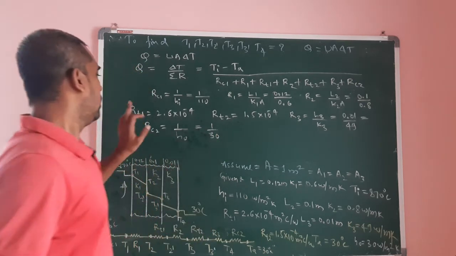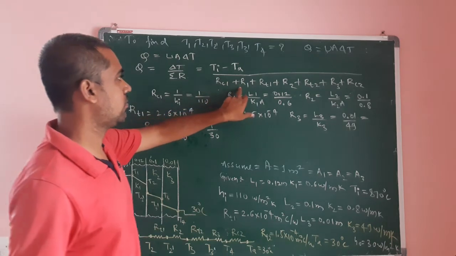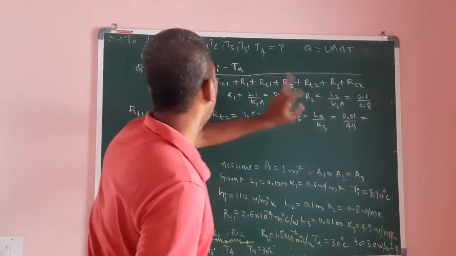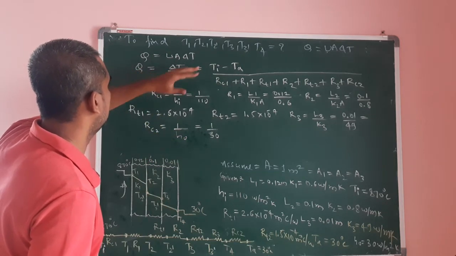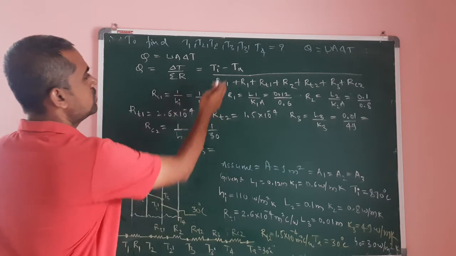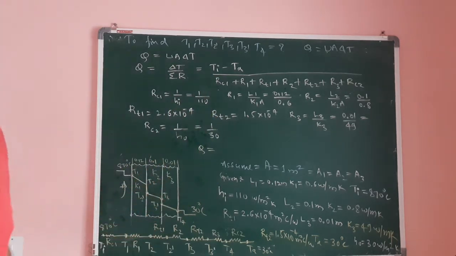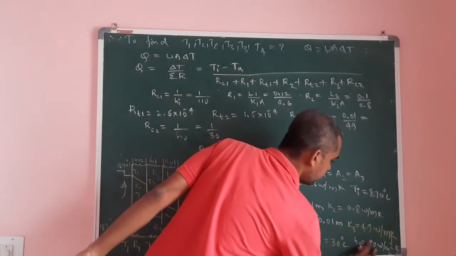We have calculated all the values, RC1, R1, RT1, RT2, Ti we know, Ta we know. If you substitute all the values here, you will get Q. It is 1 divided by 15, not 30.